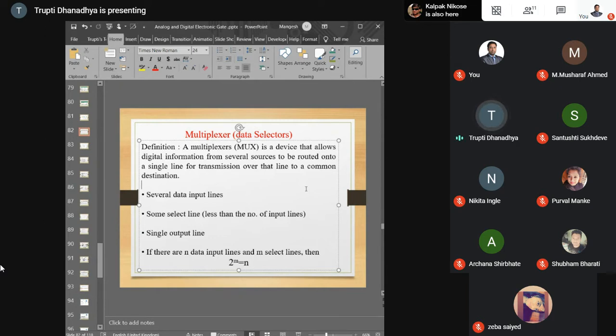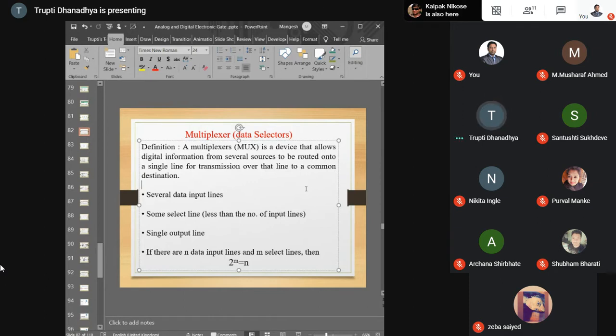If there are n data input lines and m selector lines, then the relation between selector lines and input lines is 2 raised to the power m equals n. This relation is required for the design of a multiplexer. From the number of inputs n, we can calculate how many selector lines are required.